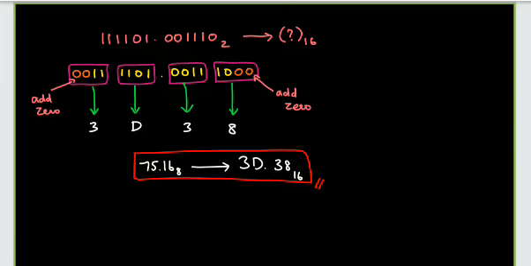See, integer part if you take, totally 6 digits are there. You have to make this grouping from right side to left side in the integer side. Whereas in the fraction side, left side to right side we have to make the grouping. Please remember now I am going to group 4 digits.